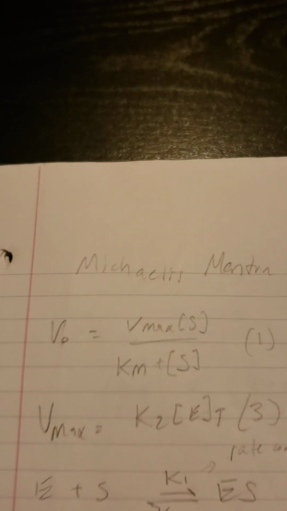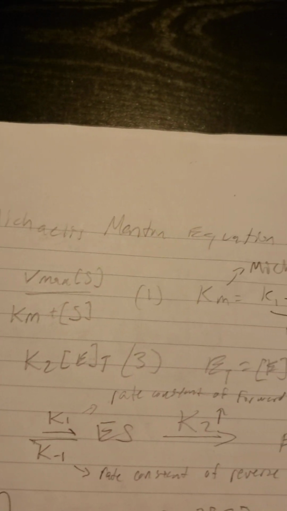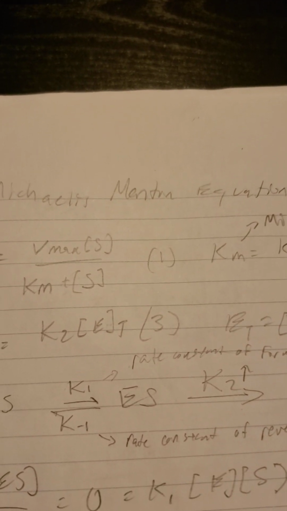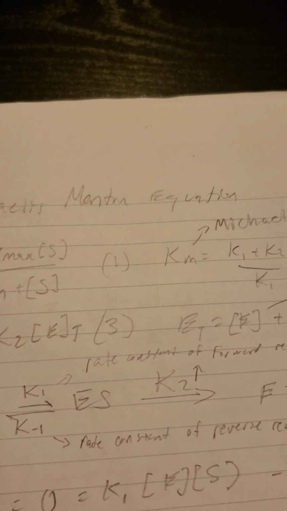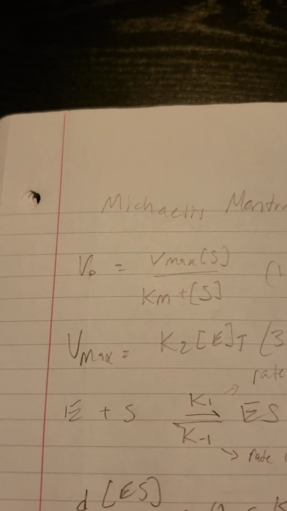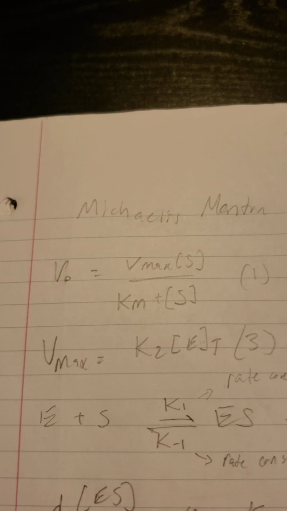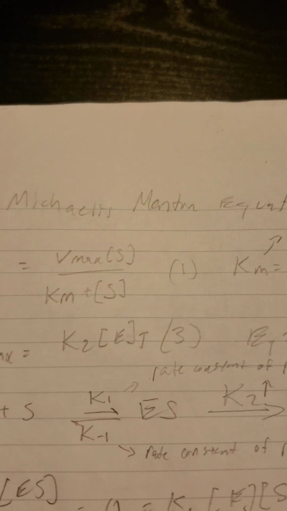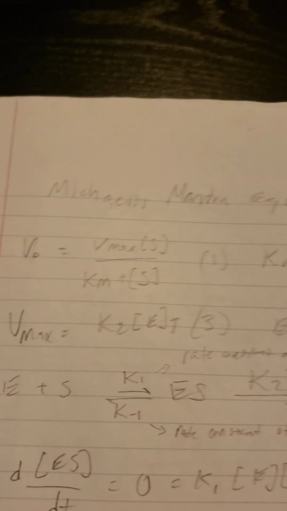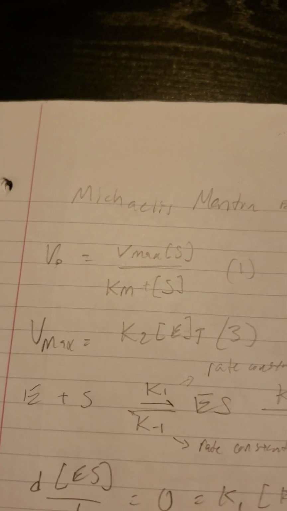K1, as I mentioned previously, stands for the rate constant of the forward reaction, while K minus 1 stands for the rate constant of the reverse reaction, where you have E, the enzyme, plus substrate becoming the enzyme substrate complex, and vice versa, the enzyme substrate complex can reverse and become an enzyme and substrate.